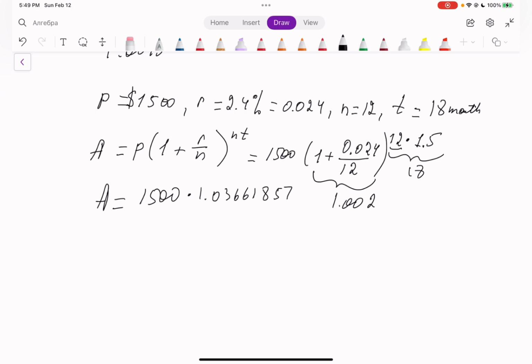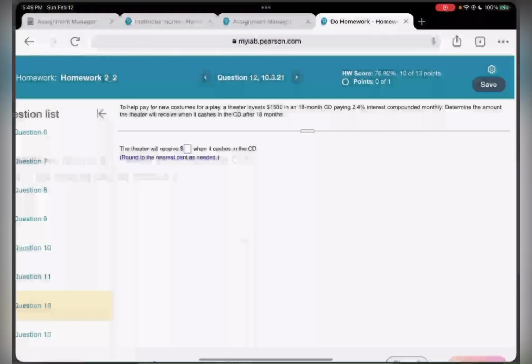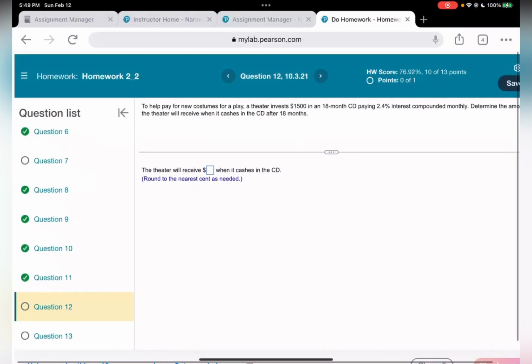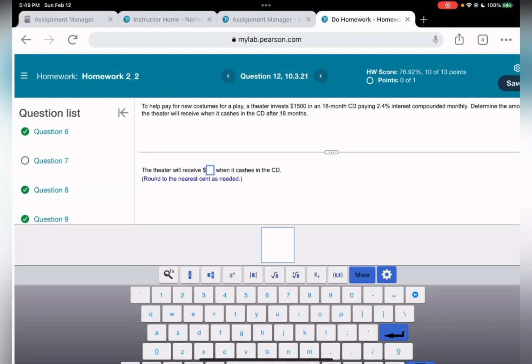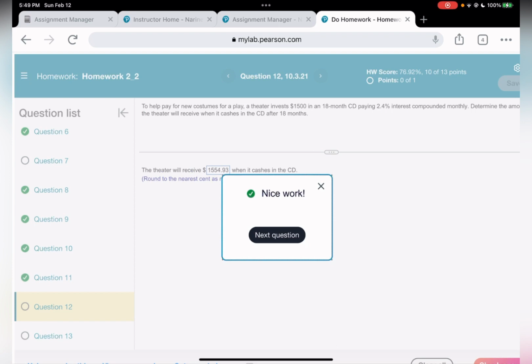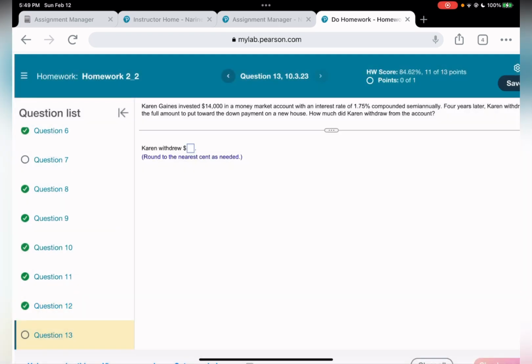Okay, now I got it right. So A is equal to 1554.93 if I round it. So 1554.93. Pay attention to rounding. Very nice. And moving to the last question.